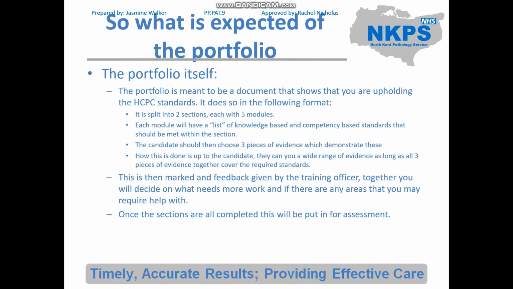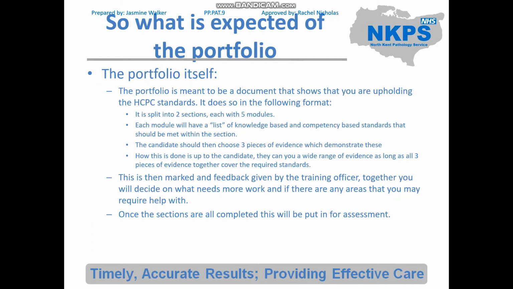So what this means is, say we're on section 1, module 2, and there are a list of 7 different knowledge-based / competency-based standards. The 3 pieces of evidence that you choose to create must cover all 7.